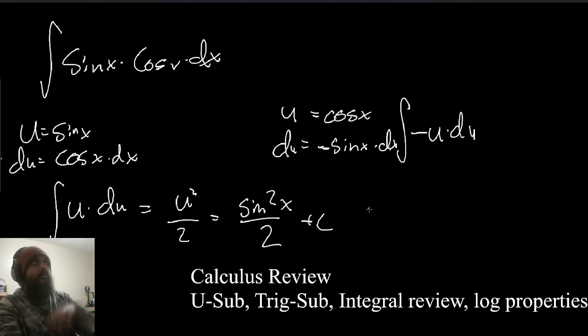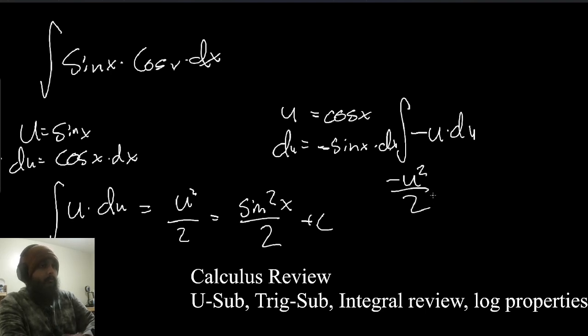That's the cool thing about real numbers. After that, can you evaluate the integral? Negative u squared over 2. Then sub in u, which would be cosine x. So negative cosine squared x over 2 plus c.